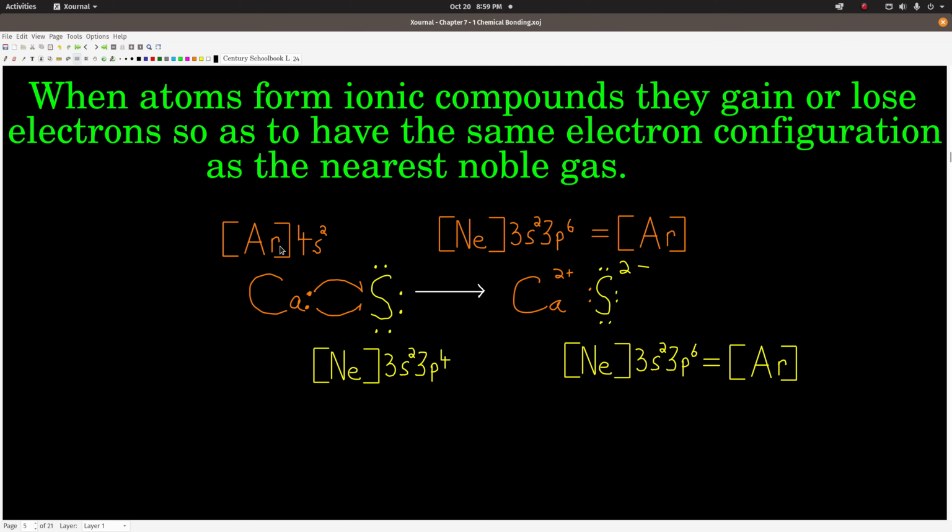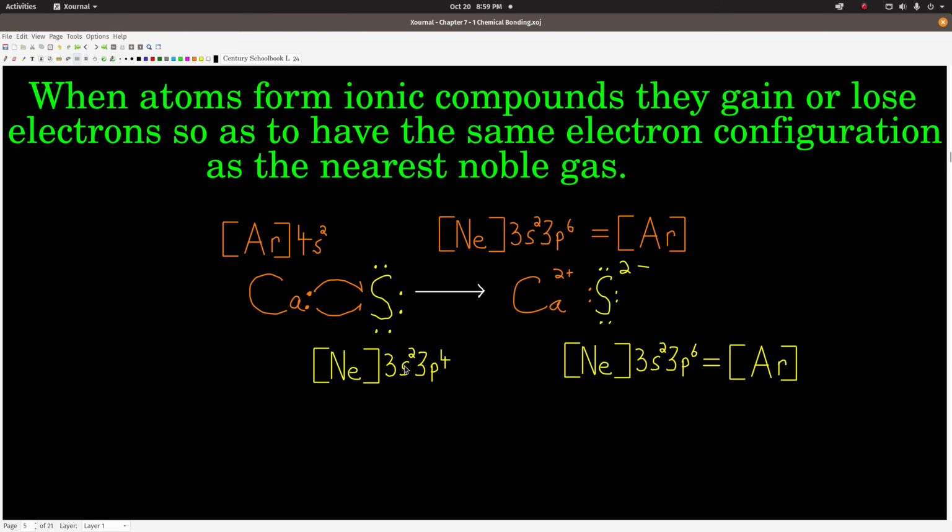When it does, it'll have the same electron configuration as argon. Sulfur, on the other hand, has the electron configuration neon 3s2 3p4. The easiest thing it can do to gain a noble gas electron configuration is to gain 2 electrons in these p orbitals and then be like argon.